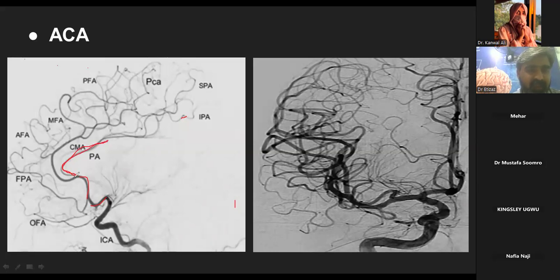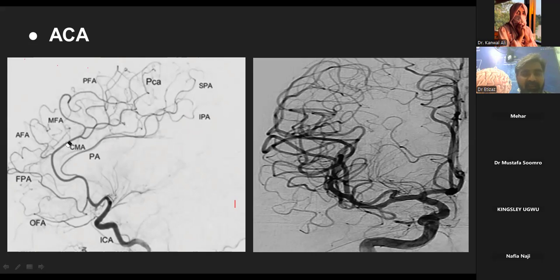Okay. And this is the callosomarginal artery. How beautifully you can see it is appreciated here. The angiogram of the anterior cerebral artery. No need to go into the detail. Now, different branches are visualized here, like the middle frontal artery, posterior callosal artery, that is superior parietal artery, that is inferior parietal artery.